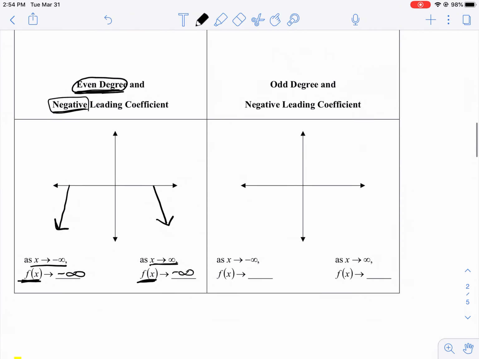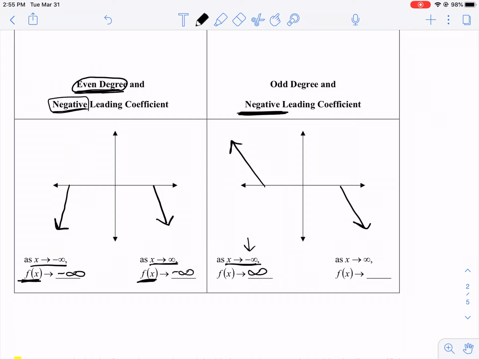The odd degree, so if you have an odd exponent with a negative leading coefficient, switches those. So instead of up to the right, it's going down to the right and up to the left. So as x approaches negative infinity, as it goes toward the left, our graph is going to go up to positive infinity, and if you look, one of them is negative.